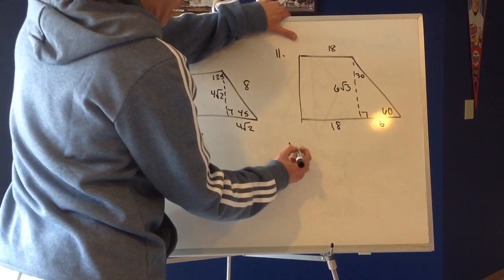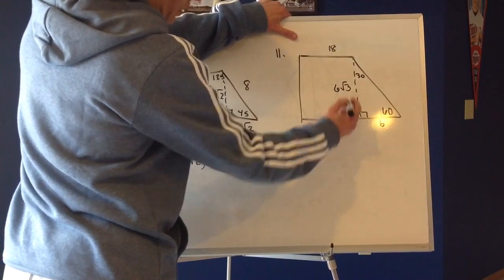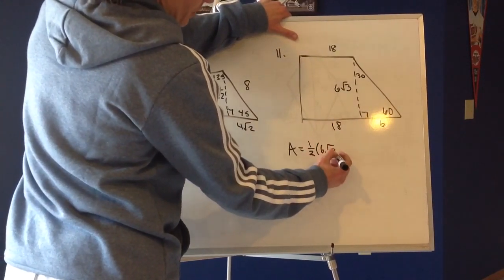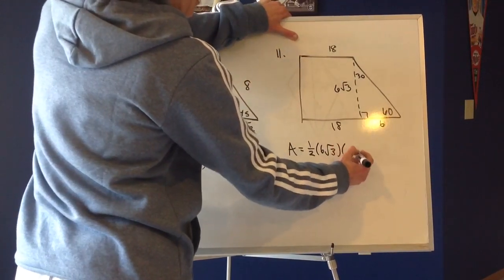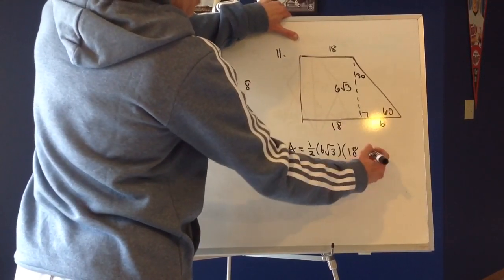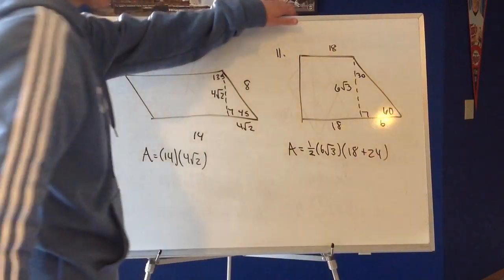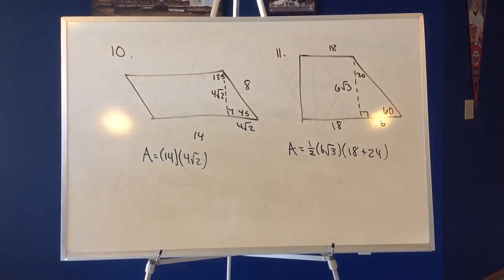Okay, area of a trapezoid would be 1/2 your height, which is 6 square root of 3. And then it's base 1, which is 18, plus base 2, which is 24. Okay, and then again, you simplify that, and you will get the answer that you need.